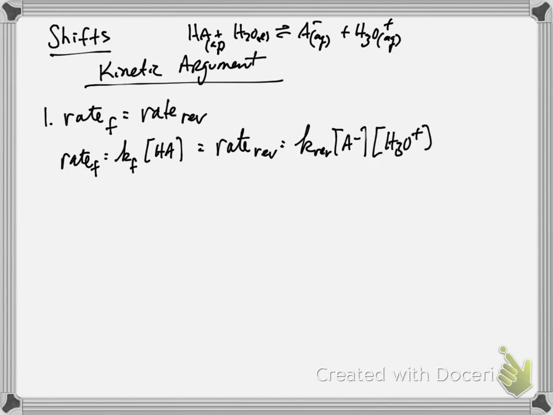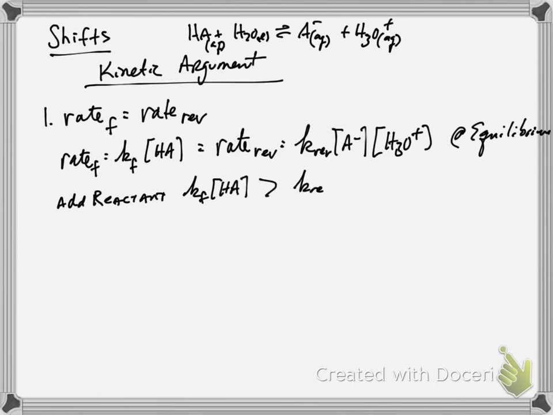That's our first step, or this is the definition of equilibrium. Equal rates, forward and backwards. So if we add reactant, what we saw is the forward rate goes up. It's moving faster. Shift to products.